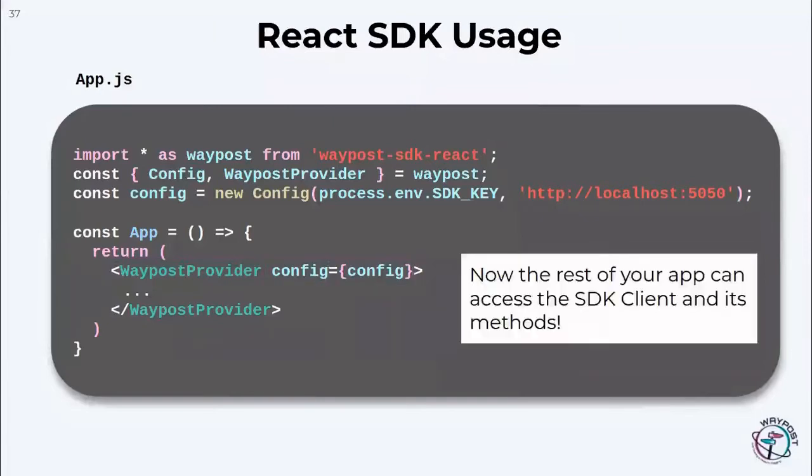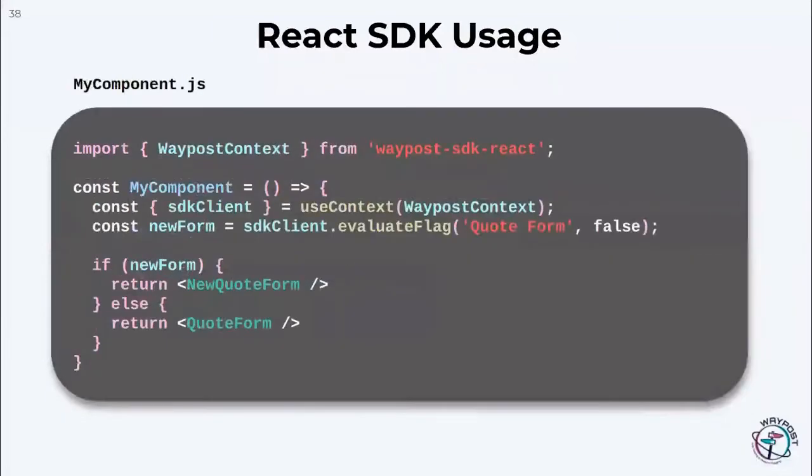With this set up, the rest of your React app can access the SDK client and its methods using React context. Now, whenever you want to serve a feature in your code using a feature flag, you'll want to add the following code to the relevant component.